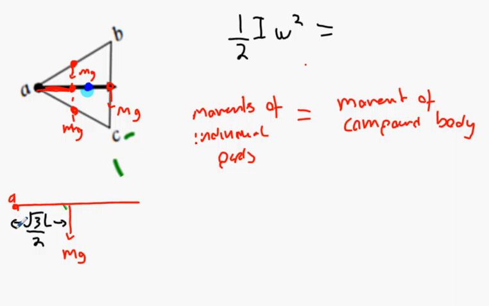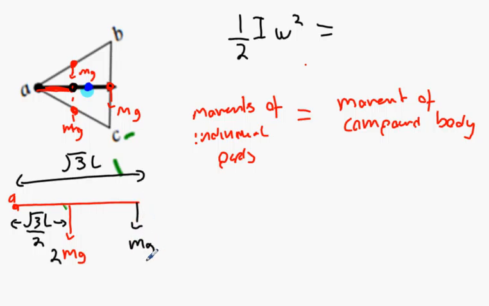Okay, it's root 3 over 2 L away, and then we've got two of them, so it's 2 mg, because both of them are acting through the same point there. And then there's another one that's a full root 3 L away, and that's mg there.